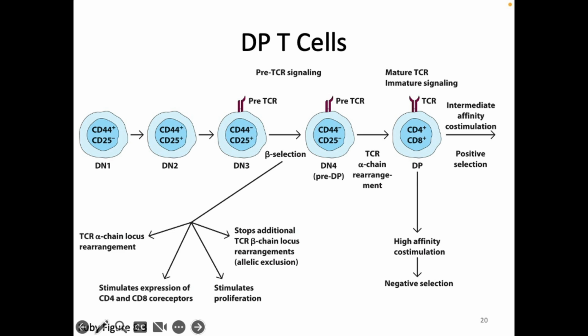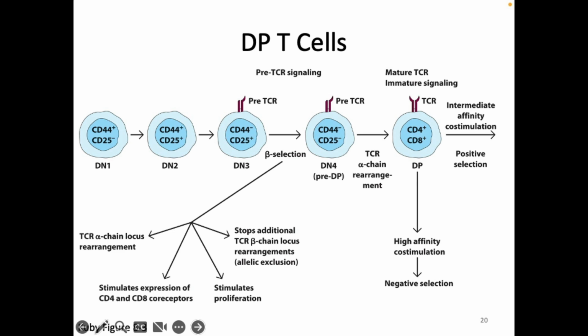Test it. And if it finds out when it did its testing that it was correct, what do you probably want to do to that cell? You're going to get some more proliferation and more survival. And so that's the other reason that we have so many double positives, is that we're going to get this massive proliferation and survival burst again. Because, hooray, we have successfully made a T cell receptor.